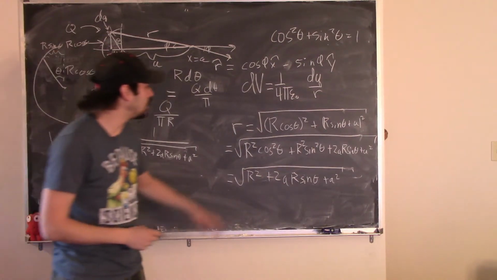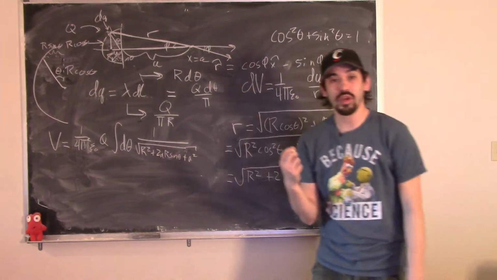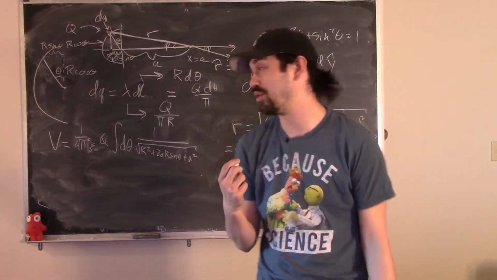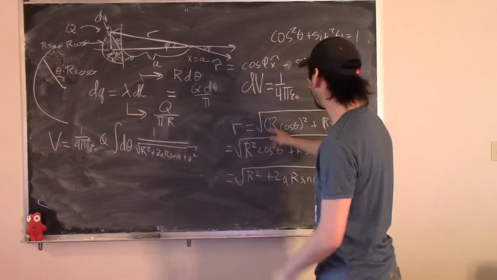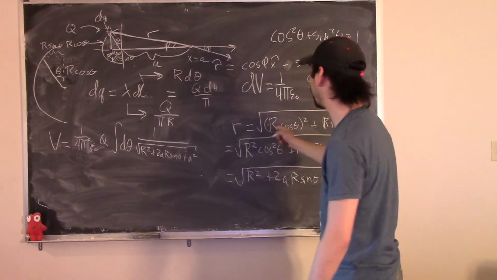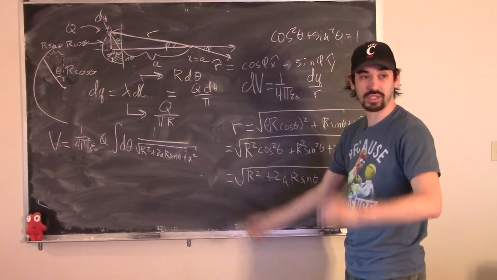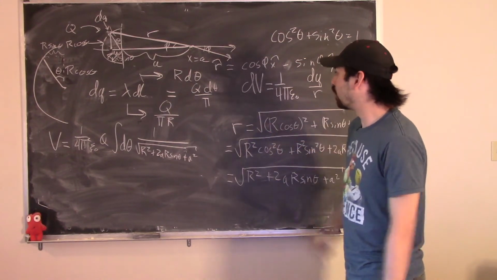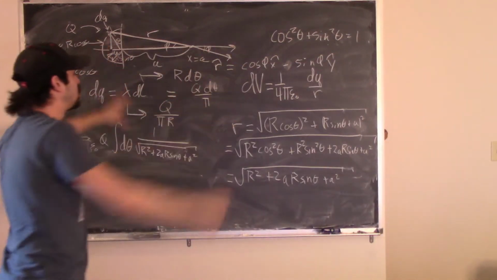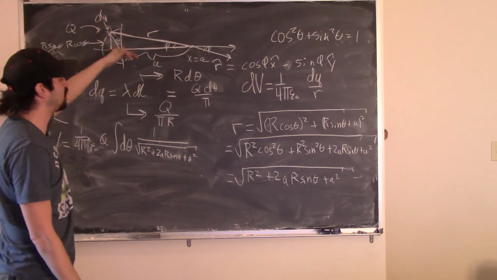But here's the punchline. Because we're trying to find the electric potential, we're not actually interested in finding what the vector is. We're just concerned with finding the distance. And so whether you make this positive or negative, it actually doesn't matter because I'm going to square it. A negative times a negative is going to be a positive. So there is no vector information that I need to carry through here and ask myself, is it going to be positive?